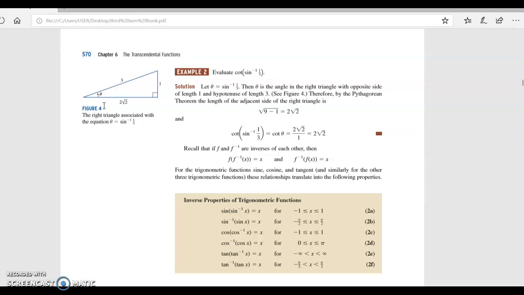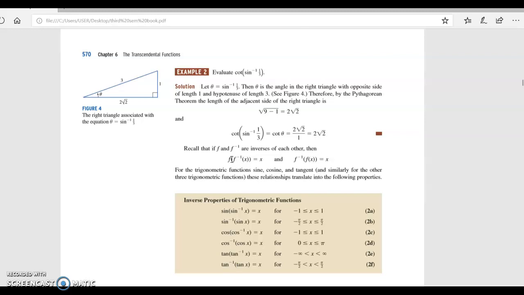We can easily find the other side by the Pythagoras theorem: 2 root 2. So cot of sine inverse 1 by 3 equals cot theta, which is adjacent side by opposite side, 2 root 2 divided by 1. So this is 2 root 2.